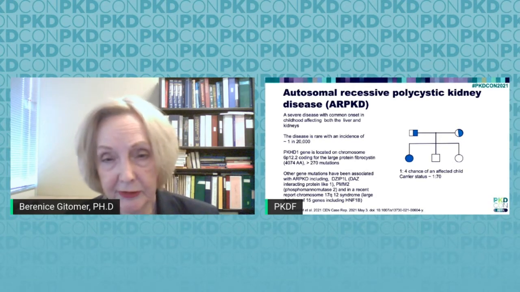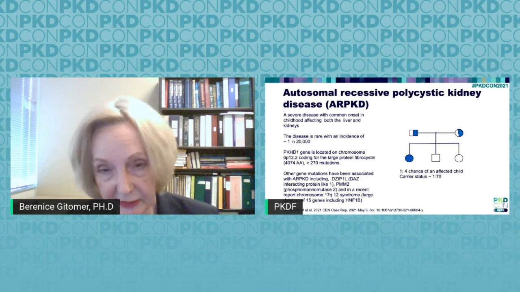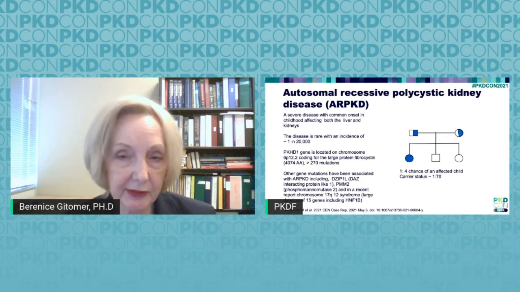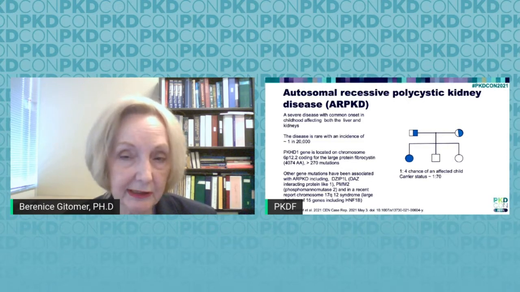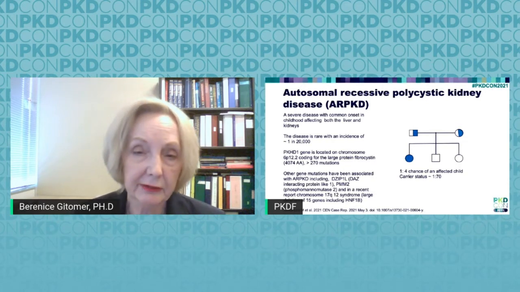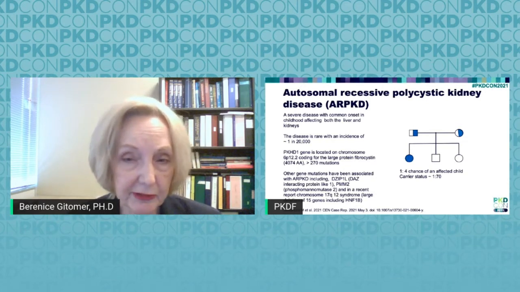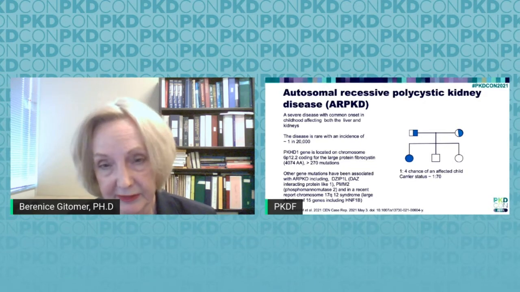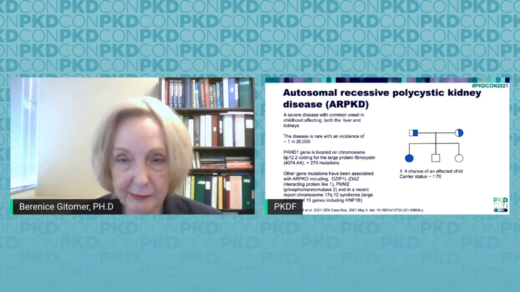The disorder is rare, about 1 in 20,000, and this unfortunately has made it difficult to do the kind of studies that have been done in the dominant form of PKD, because there are fewer affected patients. However, it's noteworthy that over 270 different mutations have already been described in the PKHD1 gene. And next slide, please.